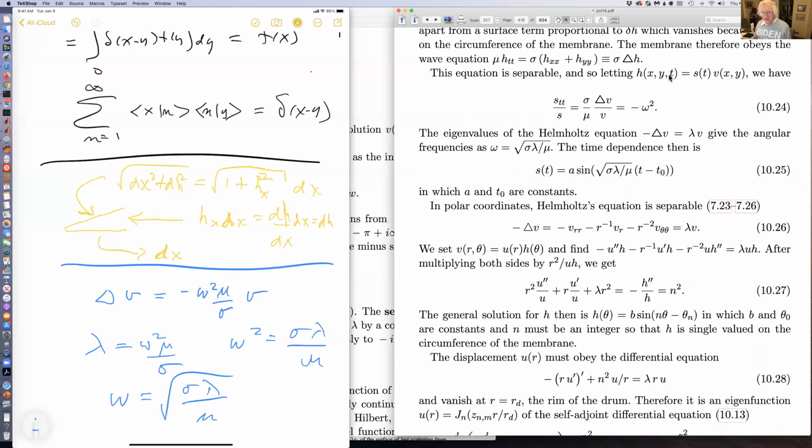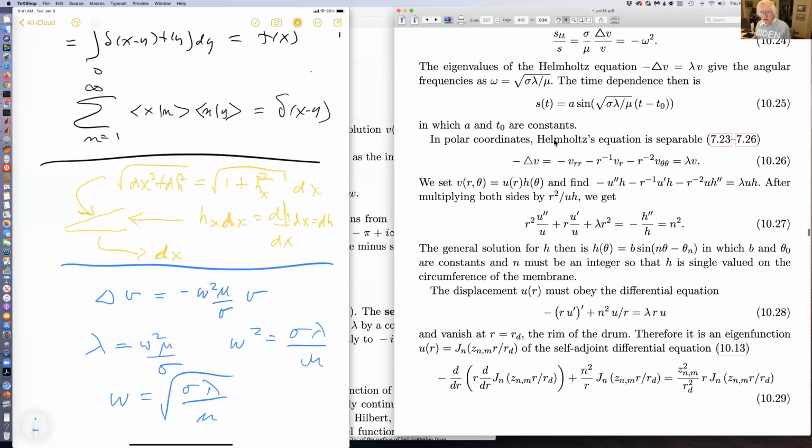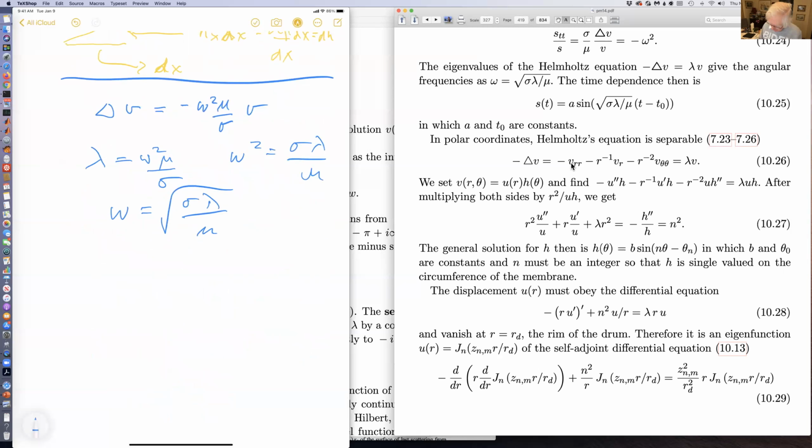But the more difficult thing is the height h as a function of position. And we then take Helmholtz's equation, and because we have a two-dimensional disk here, we use polar coordinates on the disk. In other words, the surface of the drum looks like this.